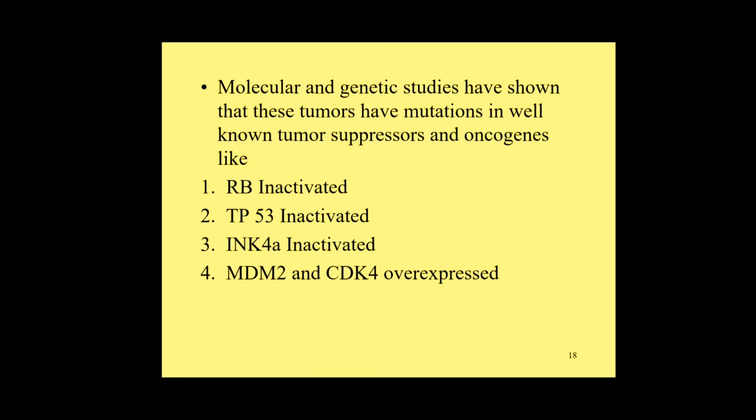If INK4A is inactivated and P16, P14 are lost, then TP53 will lose its function as well. Then MDM2 and CDK4 are again cell cycle regulators that inhibit P53 and RB function respectively. Overexpression of MDM2 and CDK4 will lead to low-grade osteosarcomas.